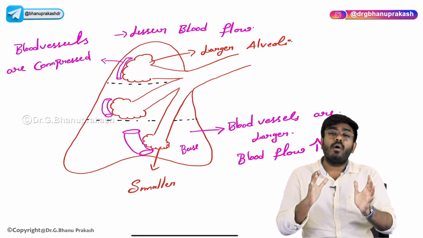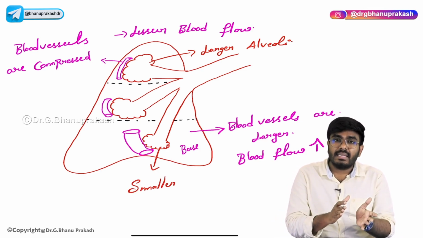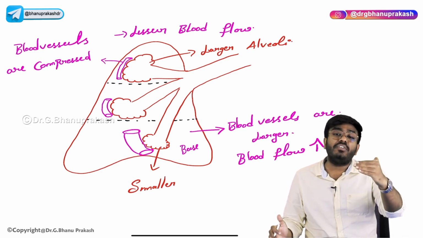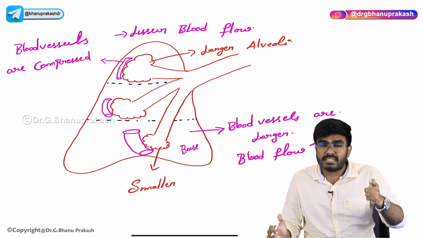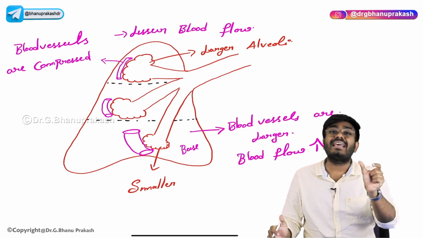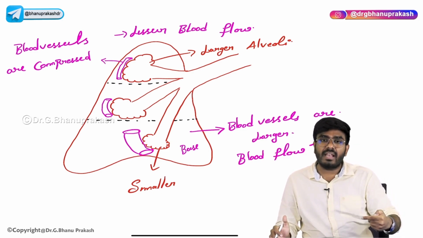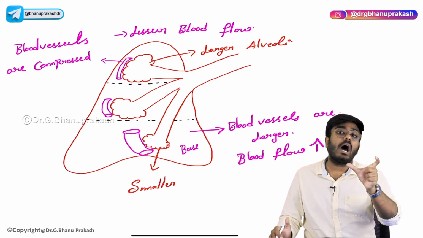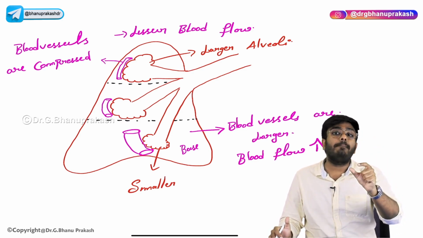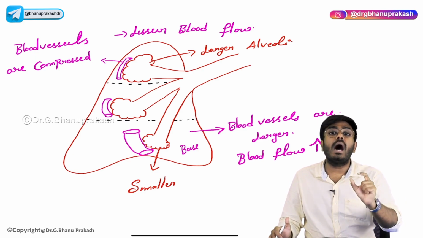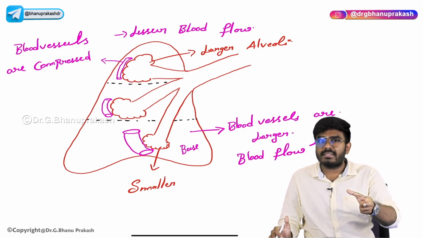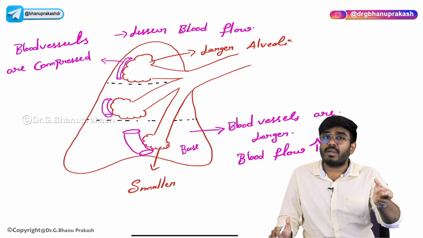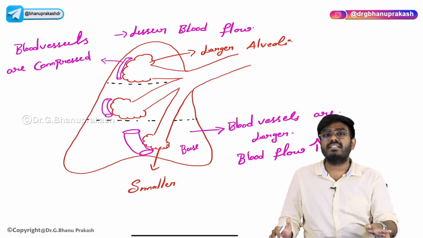So, this is the difference in the blood flow in different regions of the lung. In the apex of the lung, the blood flow is lesser, and in the base of the lung, the blood flow is greater, and in the apex of the lung, the alveoli are larger, and in the base of the lung, alveoli are smaller. So, what is the importance? How they can affect the ventilation perfusion ratios, that we will discuss later.